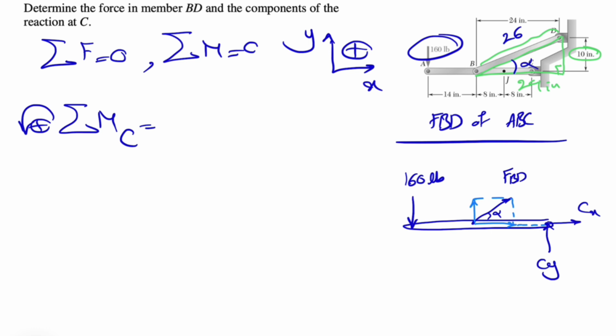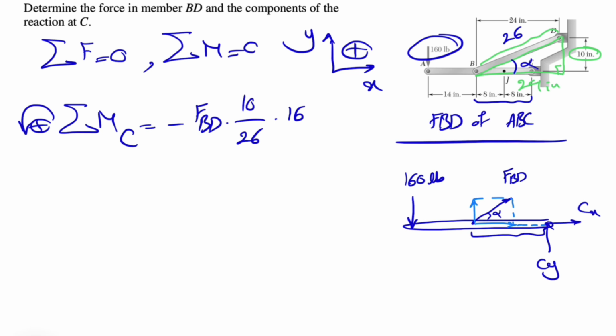Now the angle that we were talking about is alpha, and the moment of the y component about C is in this direction, so it's a clockwise moment, so negative FBD times sine of alpha, which is the opposite over hypotenuse, 10 over 26, and that's our force. The distance would be the vertical distance from C to the line of action, which is 8 plus 8, or 16.